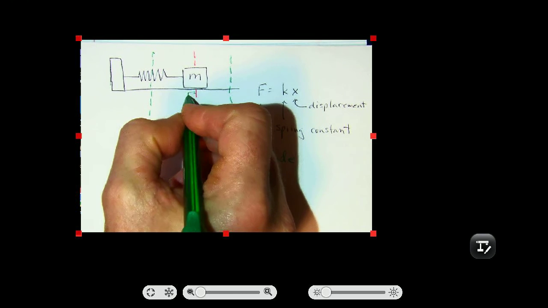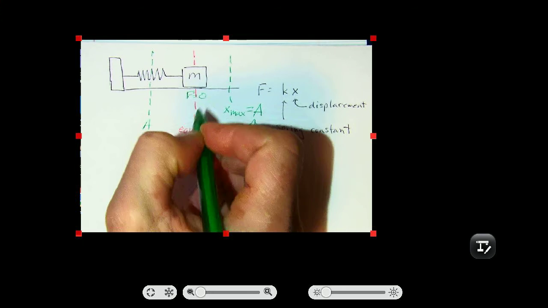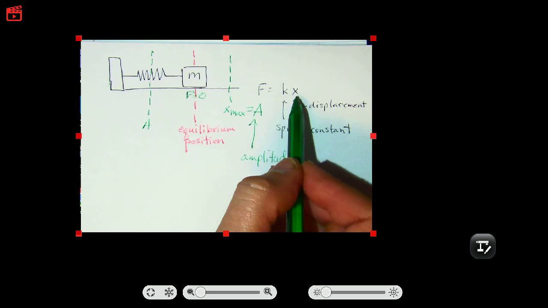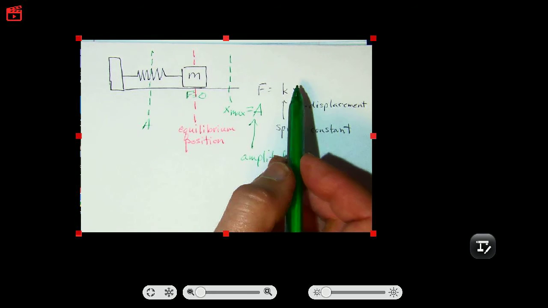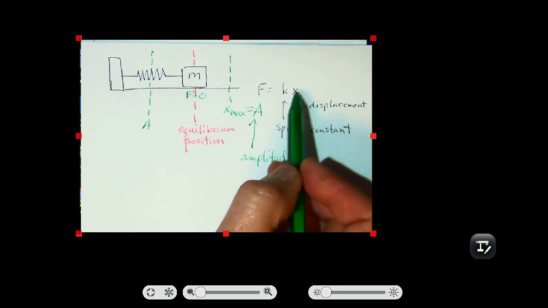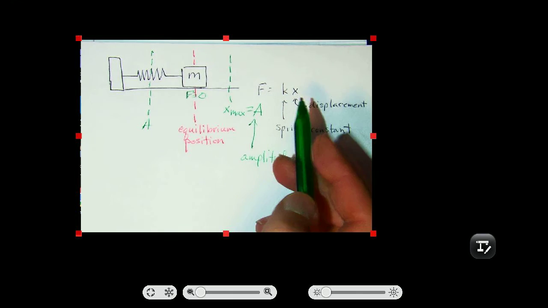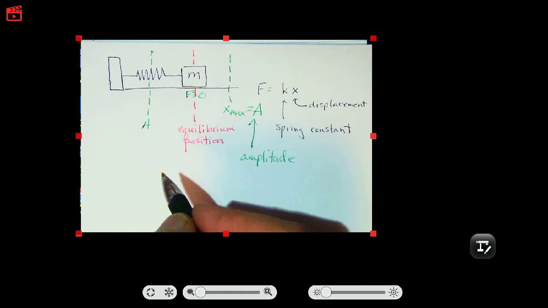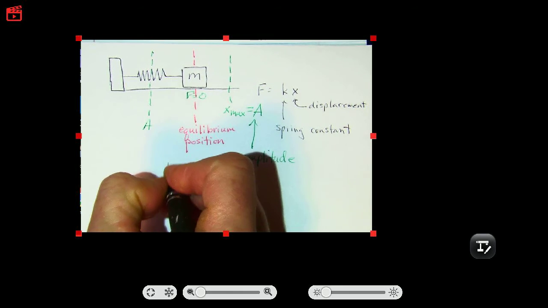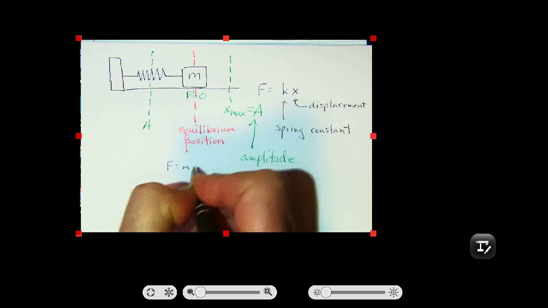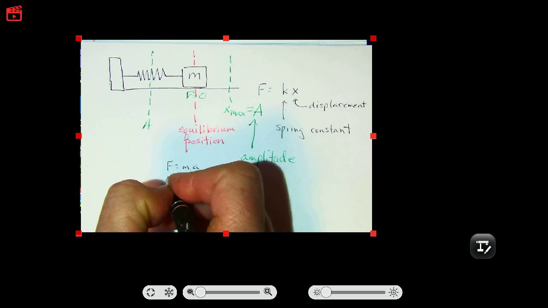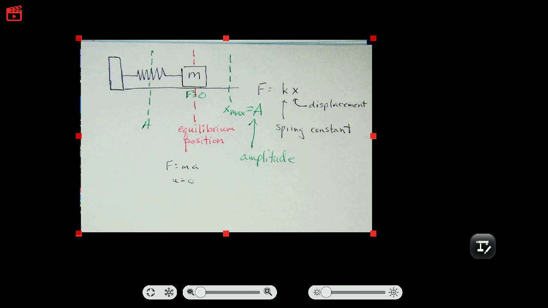So at this point, F equals 0. If we look at our equation, F equals kx, if our displacement x is 0, we would expect our force to be 0. Because F equals ma, if F is 0 and the mass didn't change, that means our acceleration is 0 at that point as well.